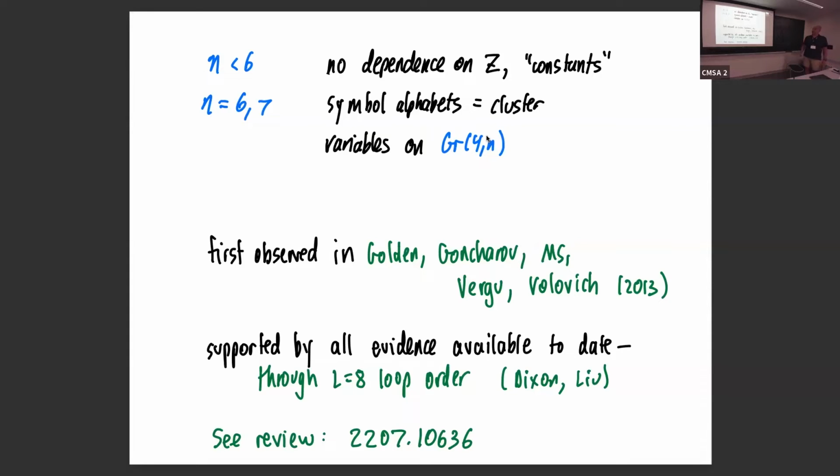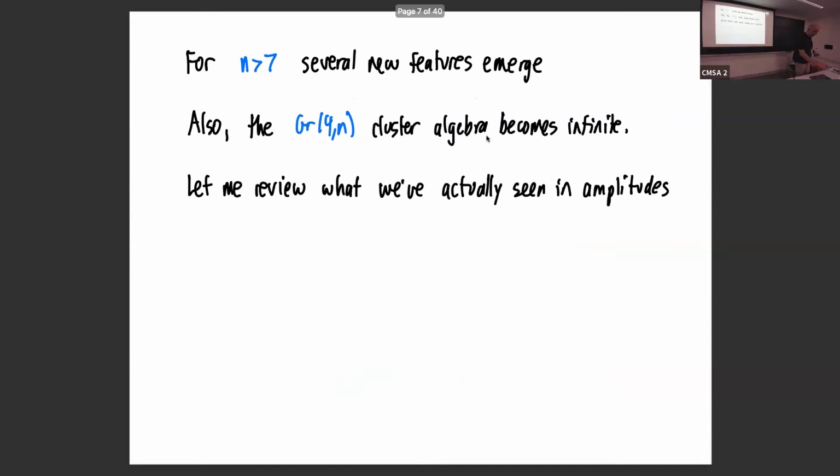For n=6 and 7, we heard that the symbol alphabets are equal to the cluster variables on the Grassmannian cluster algebra Gr(4,n), first observed some time ago, and supported by all evidence available to date. We heard about references to calculations up to 8 loop order by Dixon and Liu, and here's a link to the same review article we've already seen.